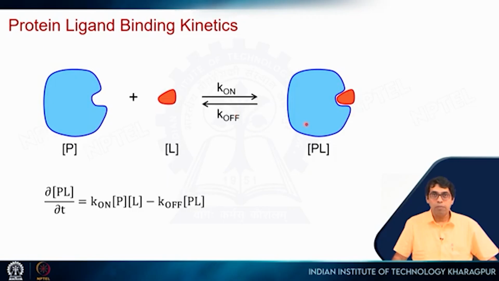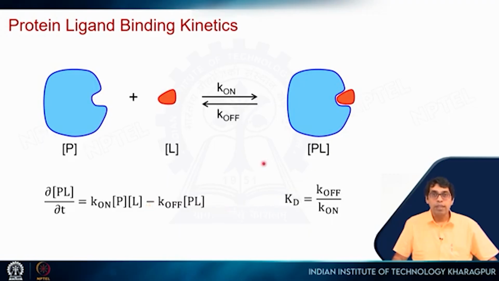So, K off multiplied by the concentration of the protein ligand complex. At equilibrium, the rate of formation of the complex and the rate of dissociation of the complex will be equal. So, this left hand side will be equal to 0, and what we will get is K off by K on will be equal to P times L divided by PL, or in other words, that is KD.